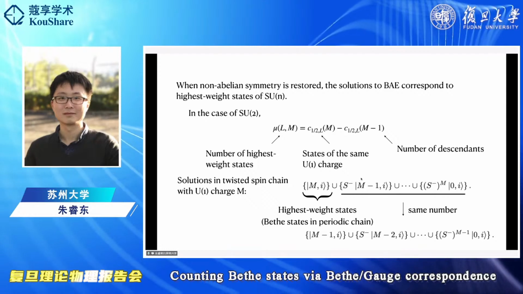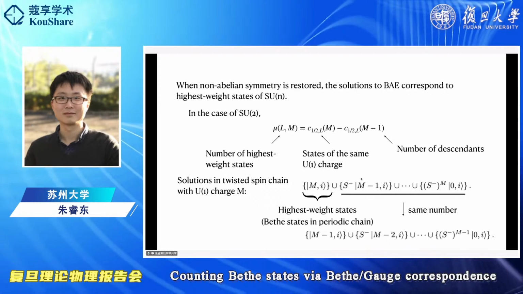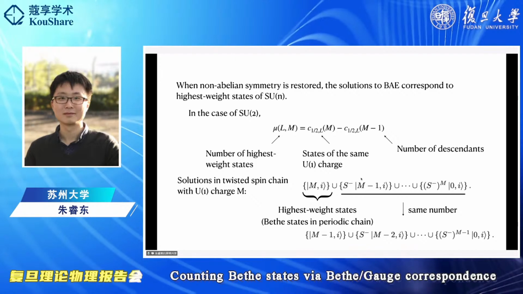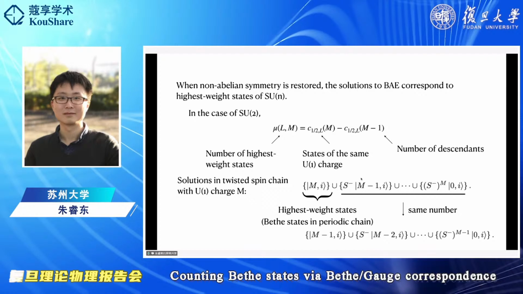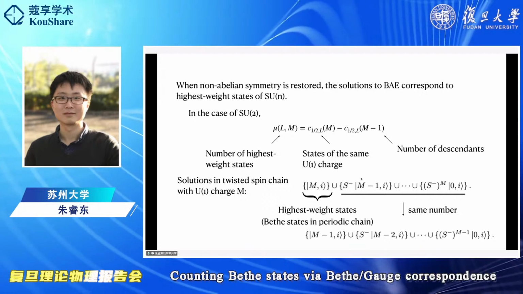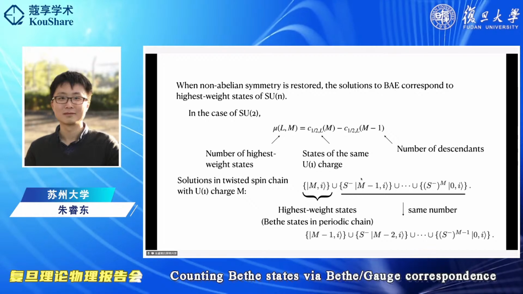So that gives that formula. We just subtract the number of solutions with m-1 magnons from the number of solutions with magnon number m, then we get the number of highest weight states in the SU2 case.